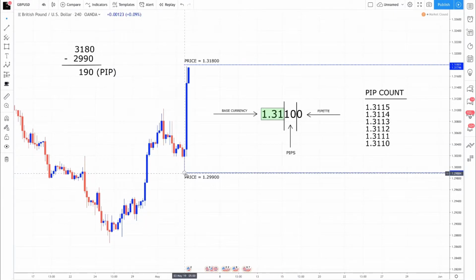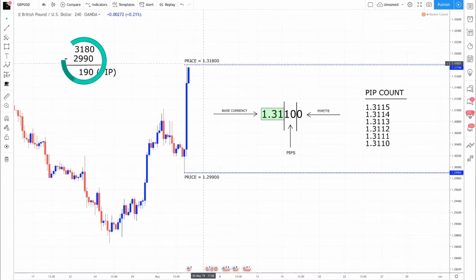Let's say we were looking to buy the GBP USD right here at this wick of 1.29900. And then the GBP USD risen and came right over here to 1.31800. What we can do to find out what the pip count is, is simply subtract the pips inside of the number.